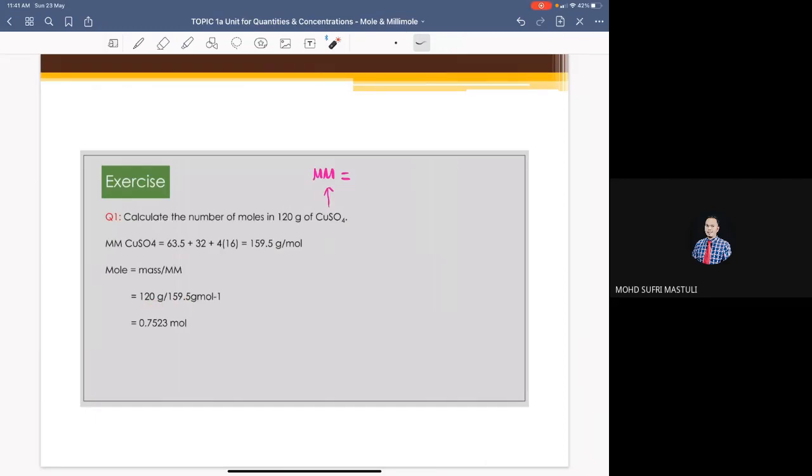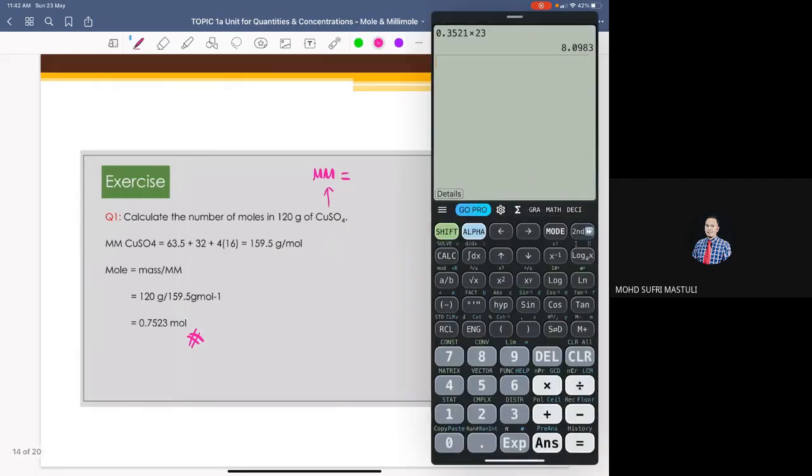159.5 gram per mole, and then you can obtain 0.7524. Okay, 120 over 159.5. So you can obtain 0.7524. It's not 23, it's 24.